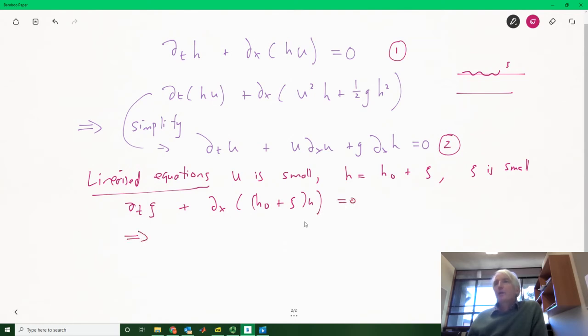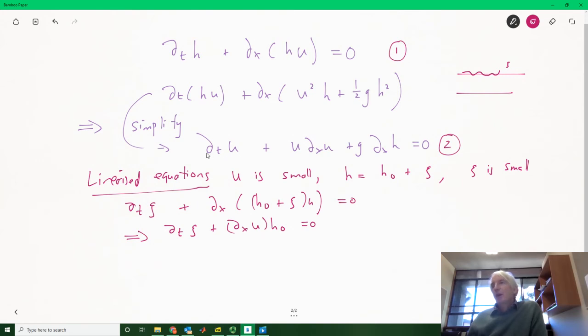And I don't want any term that's a small times a small. So zeta times u is going to be vanishingly small. The only term I'm left with is the time derivative of zeta plus the x derivative of u multiplied by h naught, because everything else is a small times a small quantity, equals 0. That's the first linear equation.